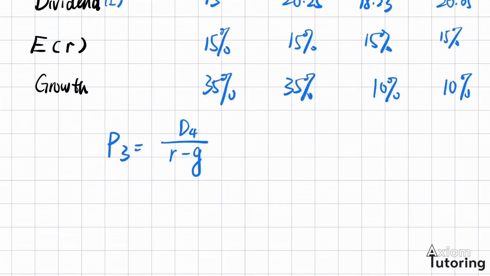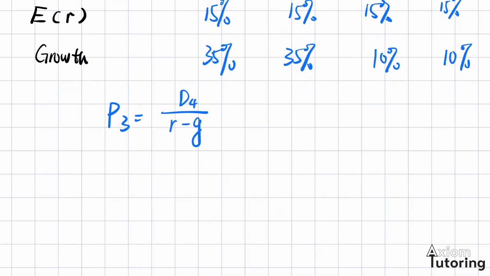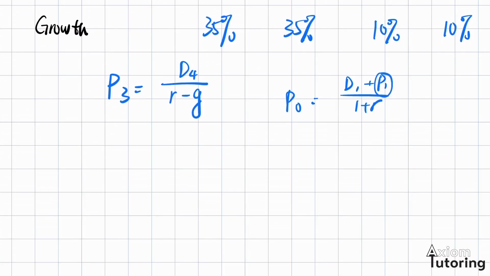So if you remember from the derivation of the dividend discount model, we started with P0 is actually D1 plus P1 over 1 plus R, right? And then we substituted out the P1 with P2 and then P3. So do we know P3 here? Yes, we do. So we can substitute the P1 just twice until we have P3 here.